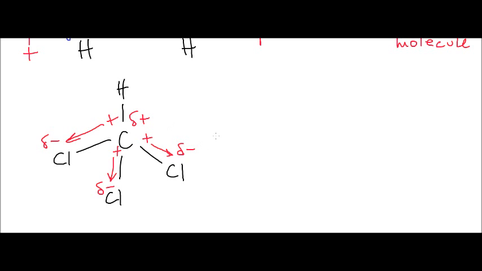Just like we drew with oxygen and hydrogen in water, it's going from the positive carbon to the outward negative chlorine. The bond between carbon and chlorine is considered polar, between carbon and hydrogen is nonpolar. However, it is still referred to as a polar molecule.